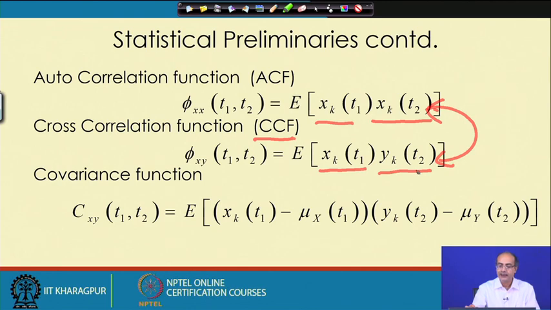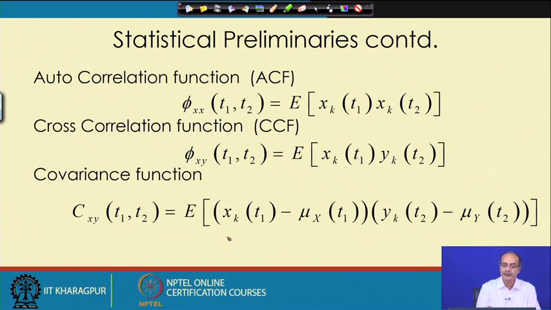And one more very similar function is called the covariance function. Covariance function is actually correlation after removing the mean.